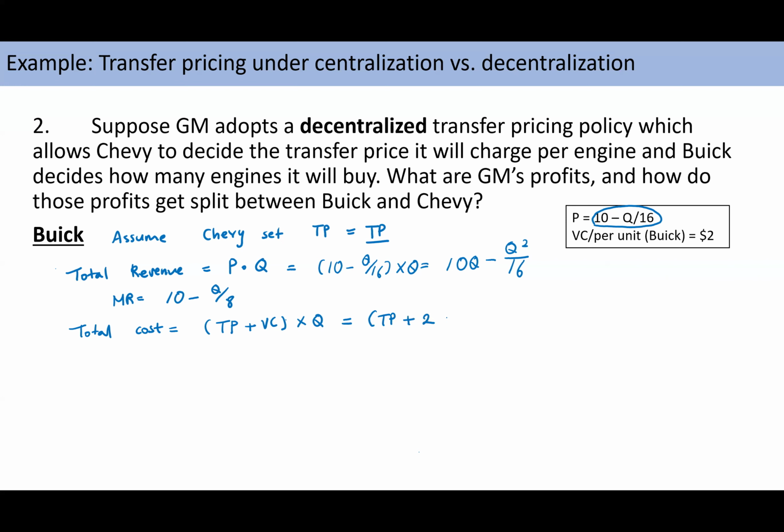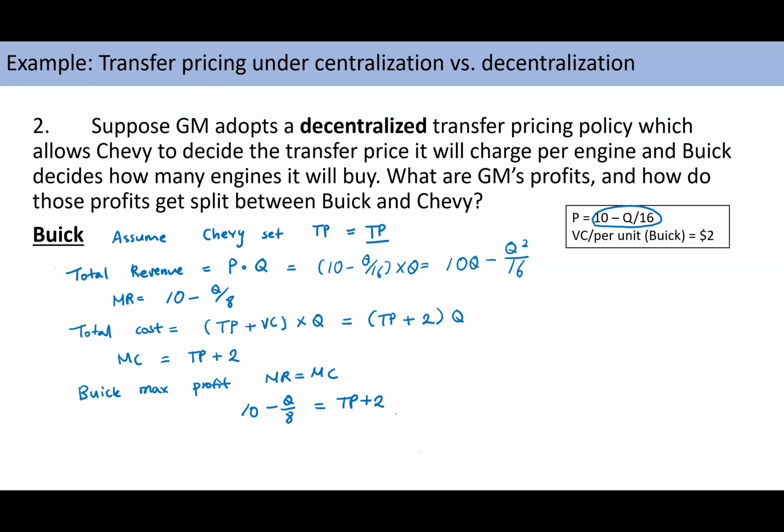The variable cost of Buick is $2, and then we multiply that by Q. So the marginal cost, if we take the first derivative of the total cost function with respect to Q, is TP plus 2. So Buick can maximize their profit when their marginal revenue equals marginal cost. That's when 10 minus Q over 8 equals TP plus 2.